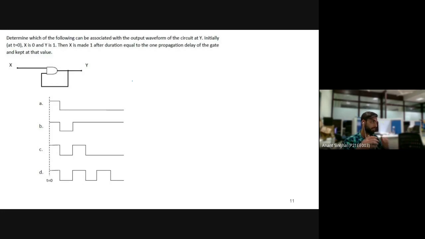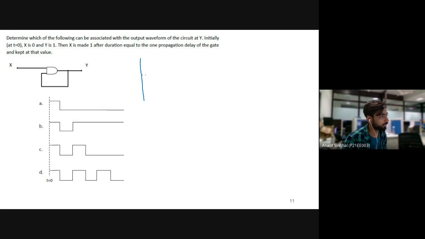Yeah, so this is one of the delay plus device, sorry, circuit question. It says determine which of the following can be associated with the output waveform of the circuit Y. Initially at t equals 0, x is 0 and y is 1. So let me try to make what they're trying to say.